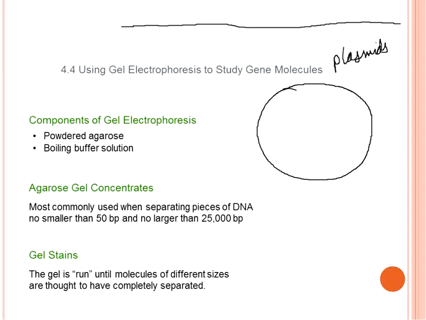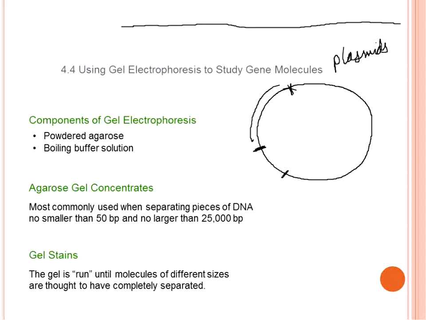So let's say that you have 3 recognition sequences in here. One over here, another here, and a third one right there. So now you take this piece of DNA and you digest it with these 3 different restriction enzymes. Hopefully these restriction enzymes are going to cut the DNA into how many pieces?